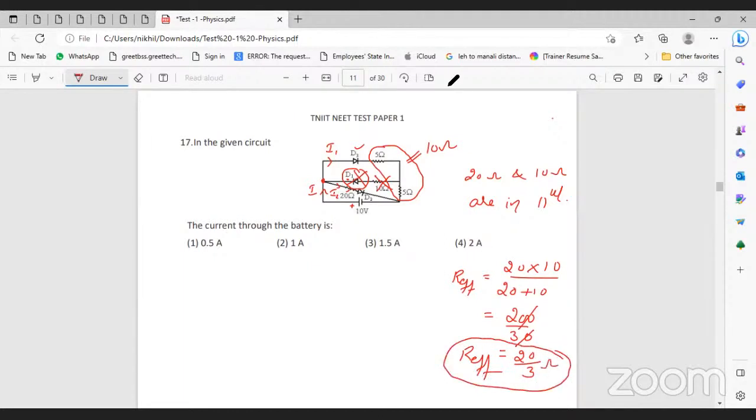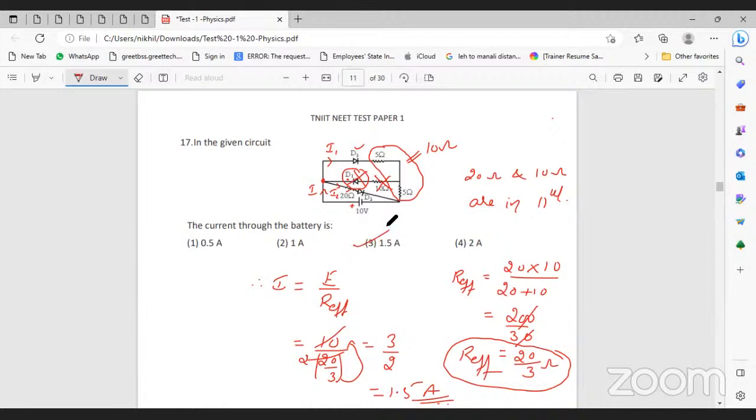So the effective resistance is 20 by 3 ohm. But they are asking you to find the current. So what is the current? It is total EMF by the total resistance. What is the total EMF? 10 volt. What is the total resistance? 20 by 3. 10 into 3 by 20 is equal to 3 by 2, which is 1.5 ampere.